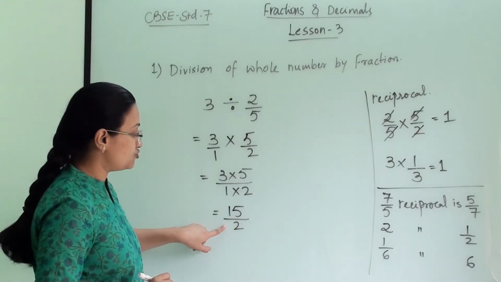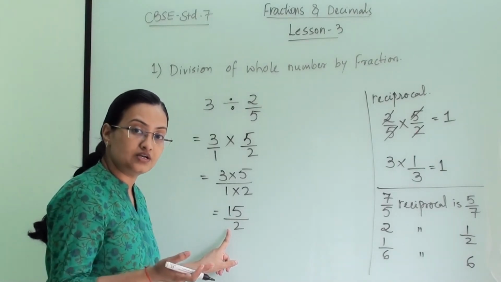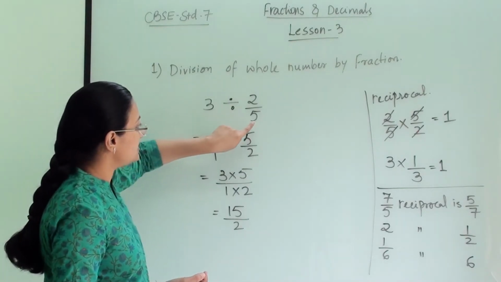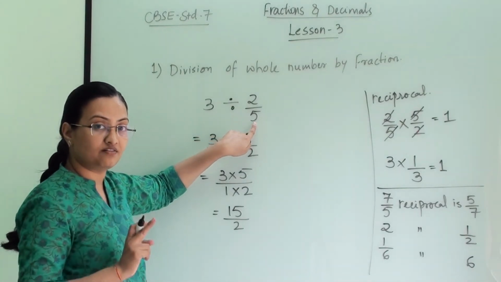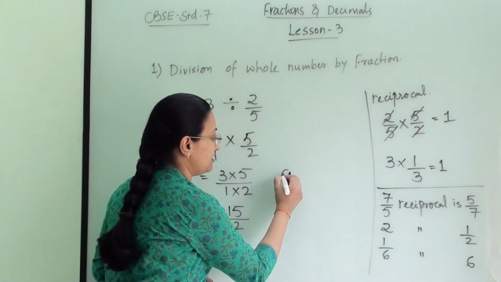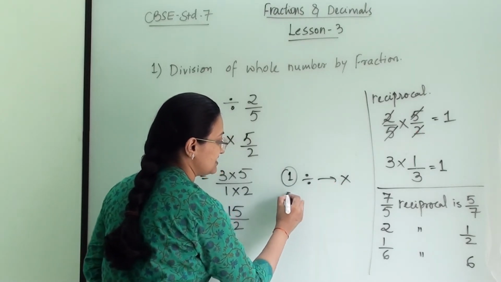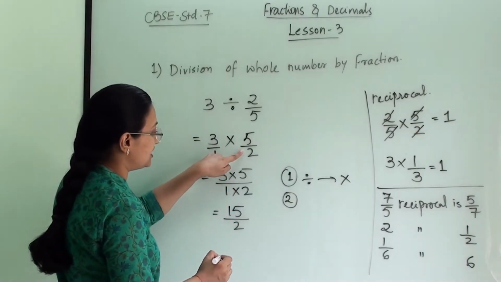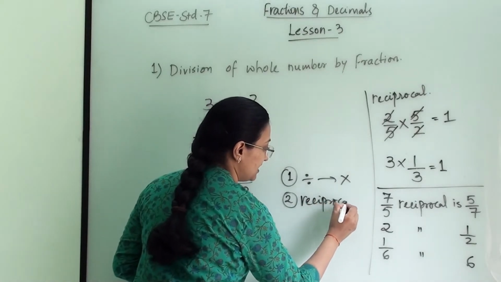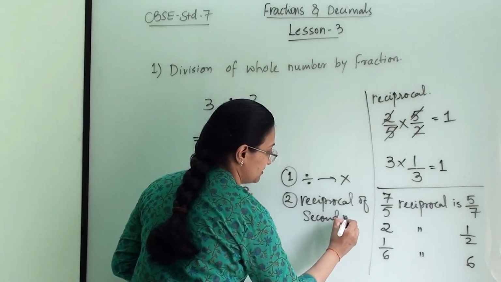So the answer here is 3 into 5 is 15, divided by 2. So this is going to be our answer, but this is an improper fraction, so we have to convert it into a mixed fraction. So what we have done here: the second number was our fraction. In the first step, we converted the division sign into multiplication sign, and in the second step we took the reciprocal of the second number.